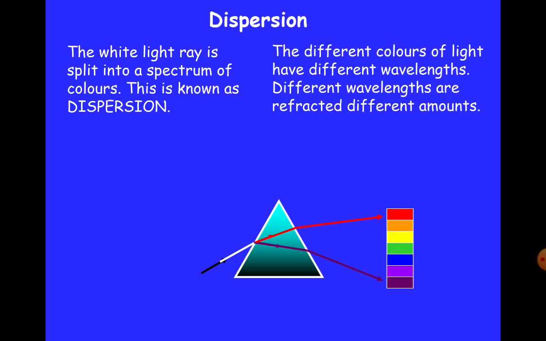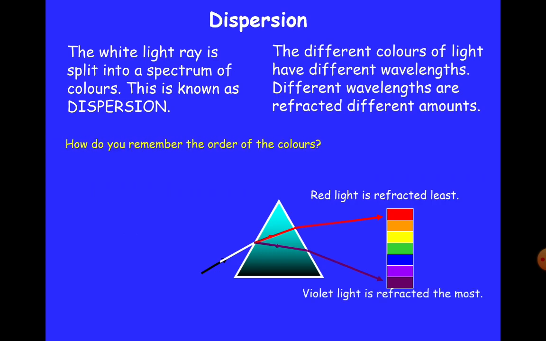Now, if we look at this picture, which color has refracted most? That is the violet light, and red is the light that is refracted least.